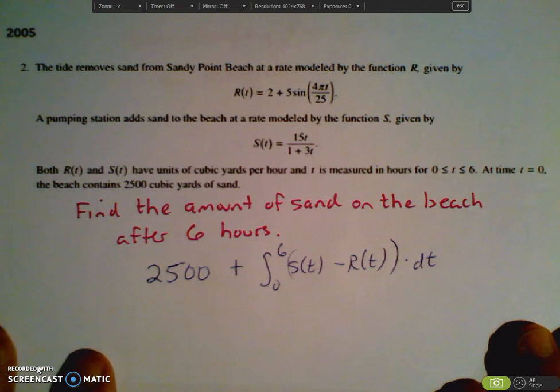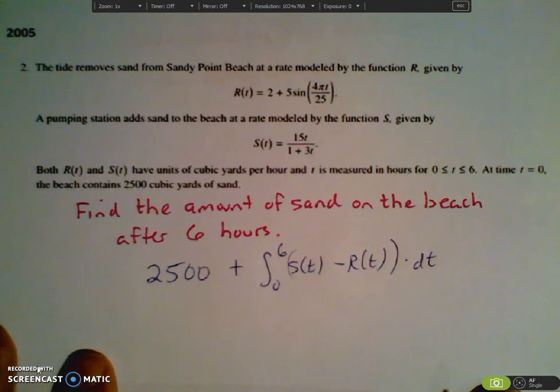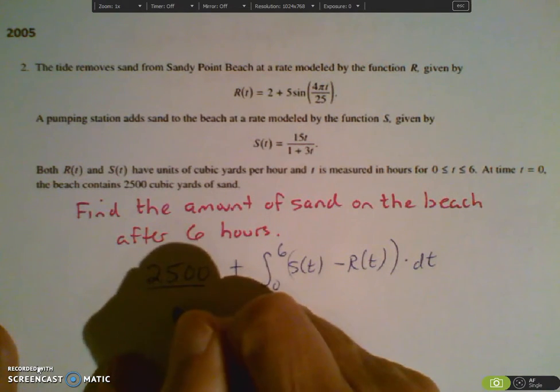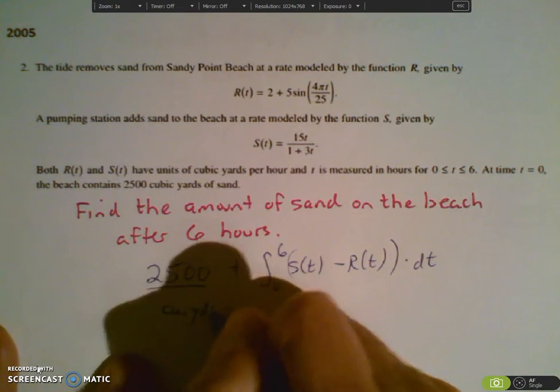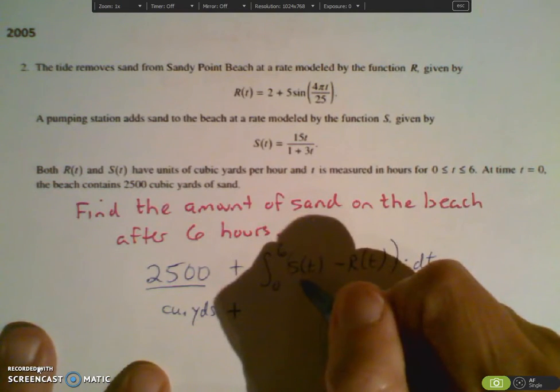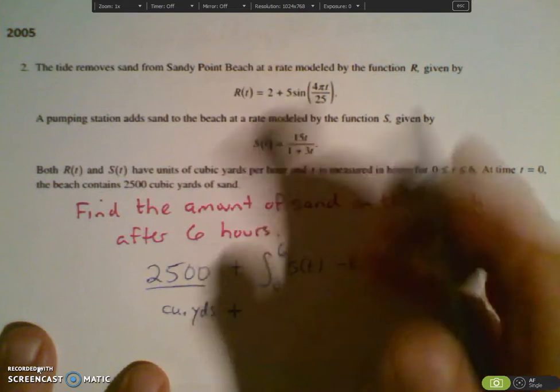Okay, I'm hoping that you paused the video and that you put down the units that you think are correct. Now let's look at it together and determine where the proper units go. This 2,500 is 2,500 cubic yards of sand, cubic yards. Plus, over here, this s of t is measured in cubic yards per hour.